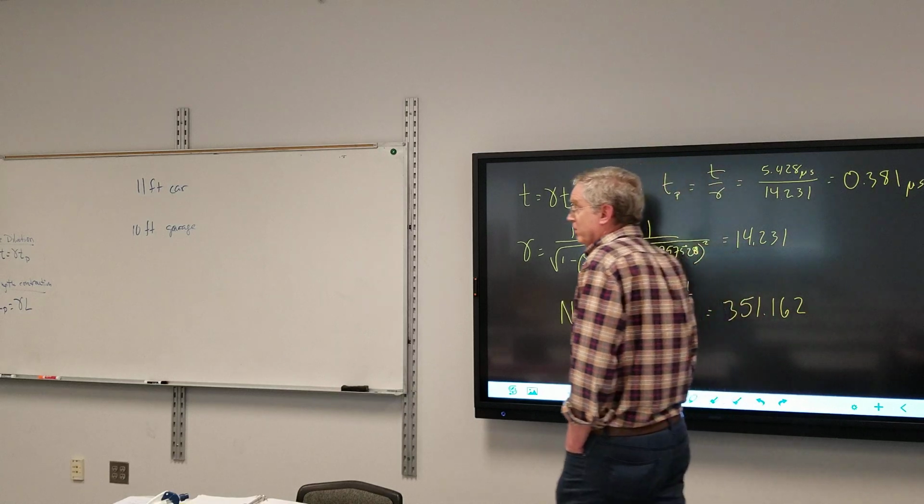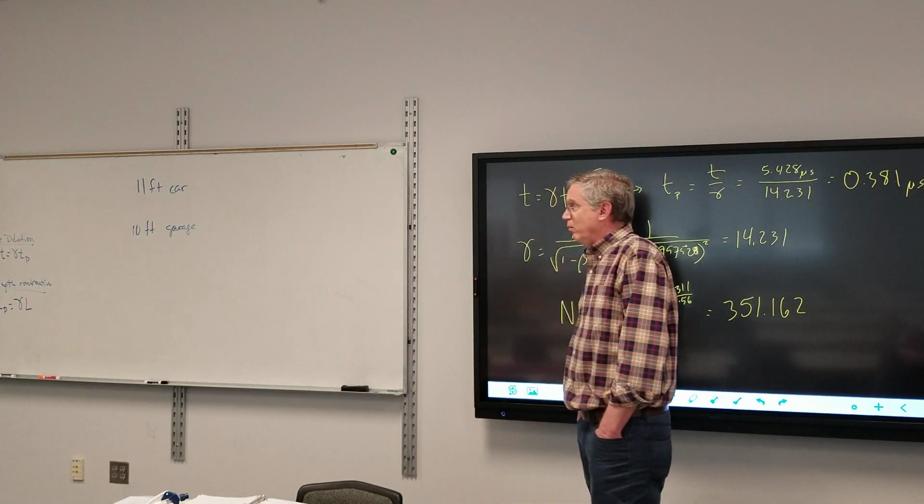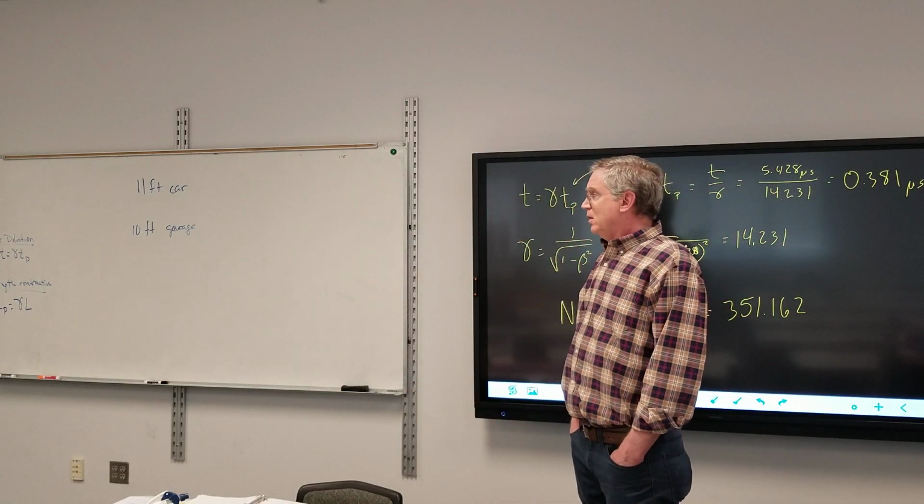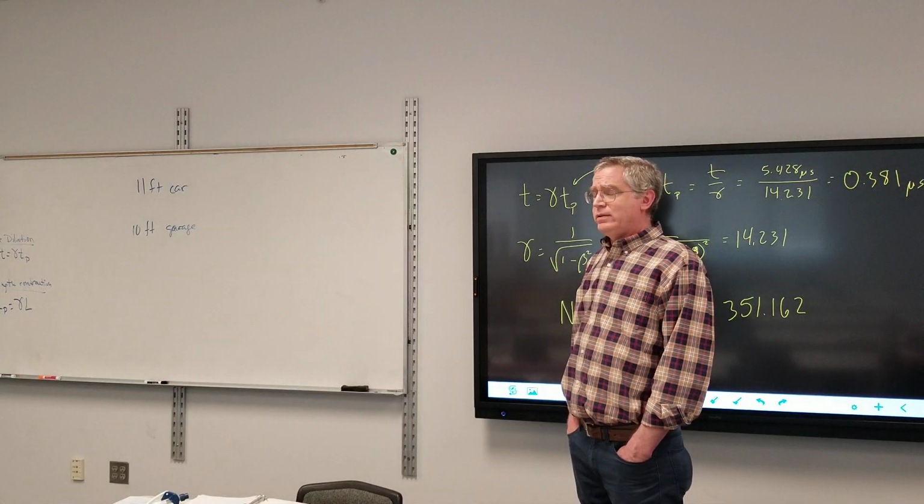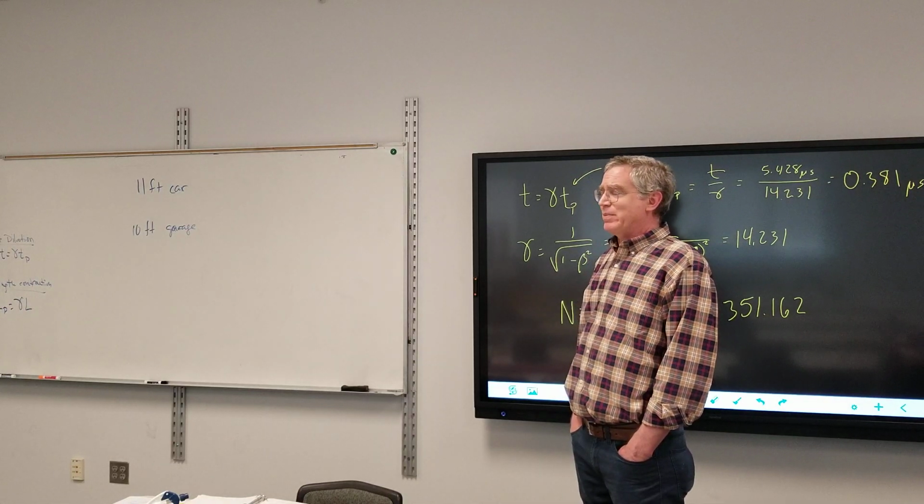All right, so first off, I'm gonna have some ratio here of one length to another. I know gamma has to be bigger than 1, or it can't be less than 1. So what's gamma gonna be?